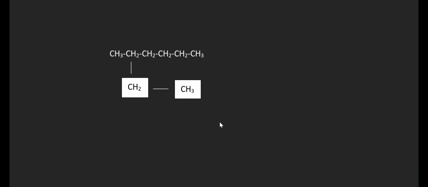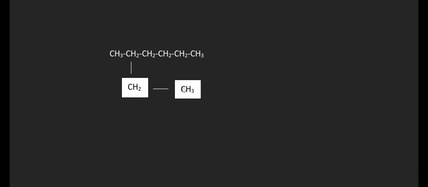Why is it incorrect? Because what did I tell you? The first step is to count the longest carbon chain. What is the longest carbon chain here? Is this the longest carbon chain? CH3, CH2. 1, 2, 3, 4, 5, 6. This is not the longest carbon chain. If you count it from here, 1, 2, 3, 4, 5, 6, 7.